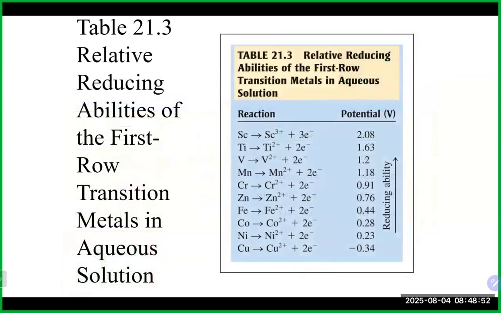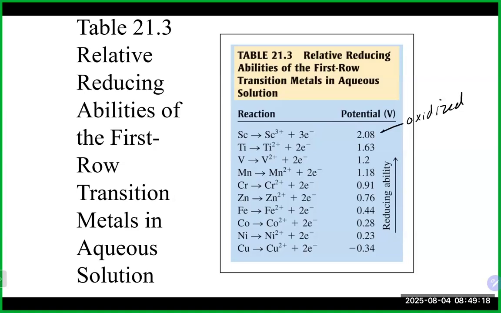All right. This is a table of the first row transition metals of relative abilities here. And what we see here is reducing ability increases as you go up. And you may be saying to yourself, well, when we have greater reducing ability, this guy is most likely going to be the one that gets oxidized.